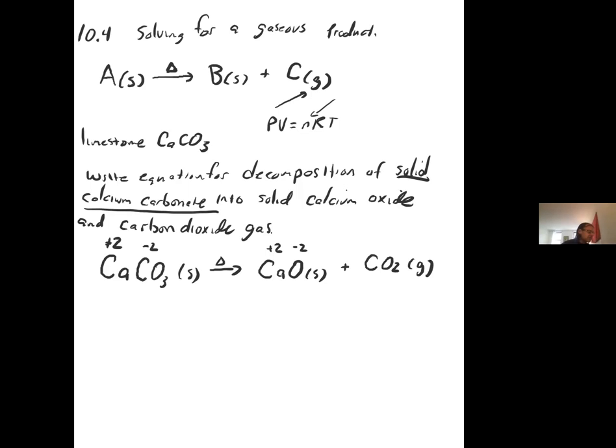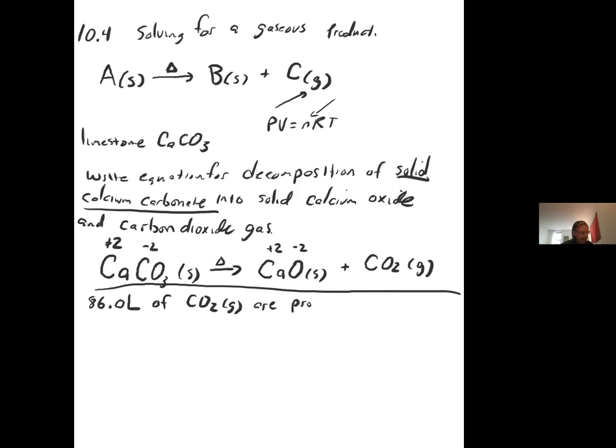So now this is where we get to the problem. After you write this equation, they say, suppose that 86.0 liters of carbon dioxide gas are produced by the reaction at 310 degrees C. So now we know it is being heated, right?